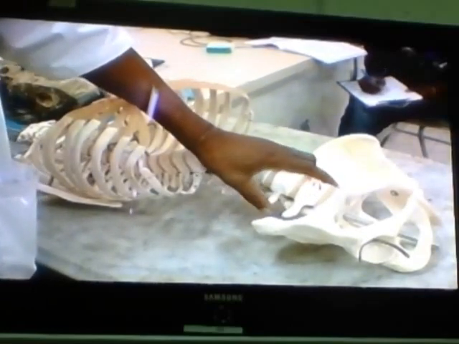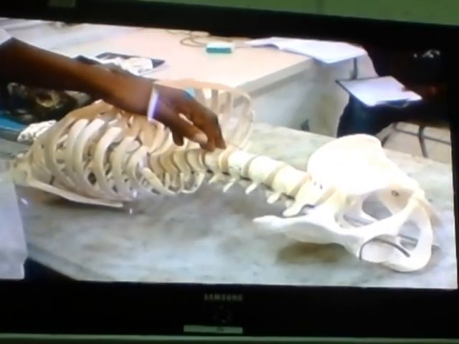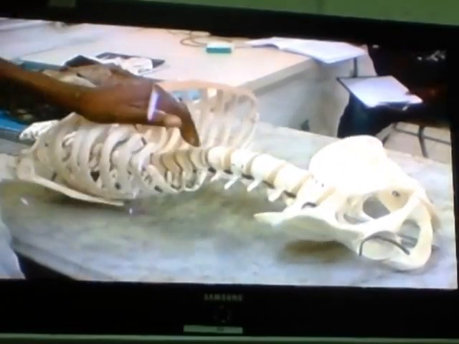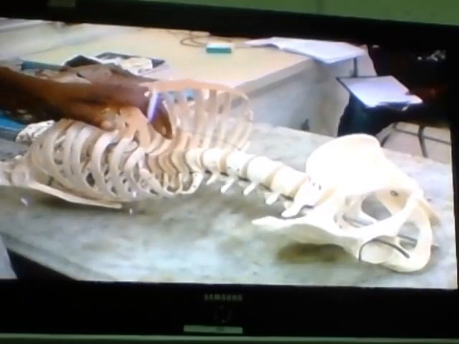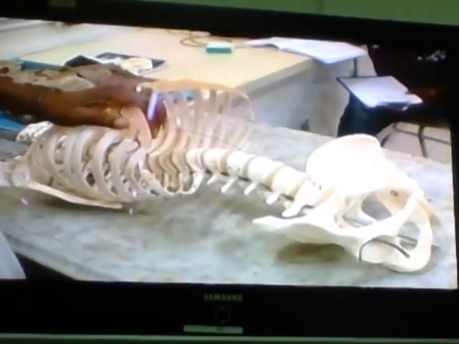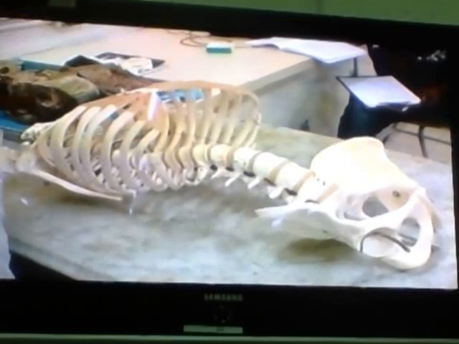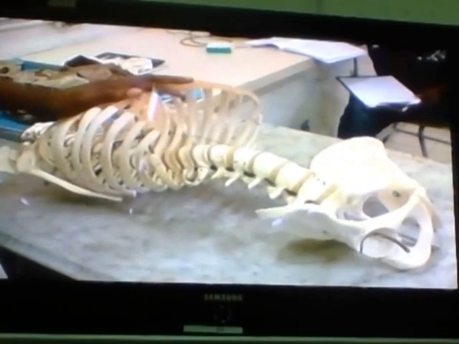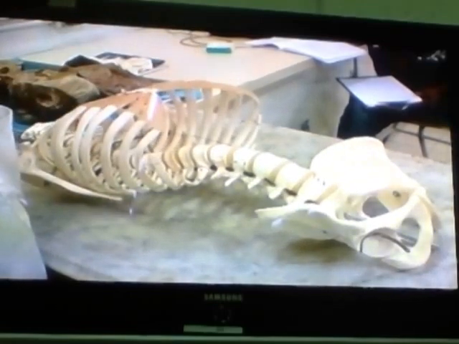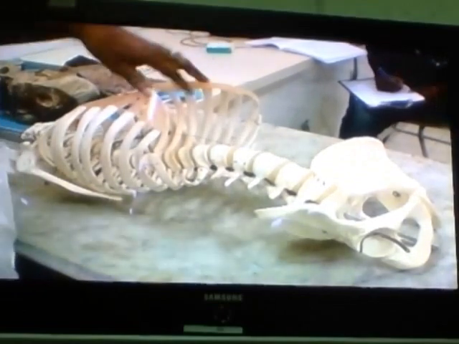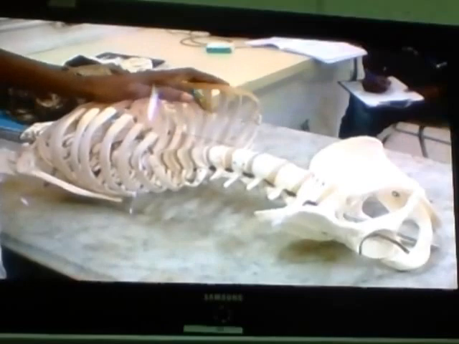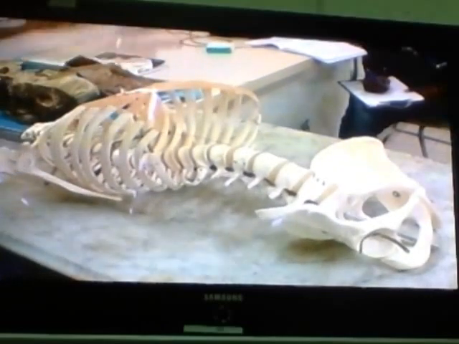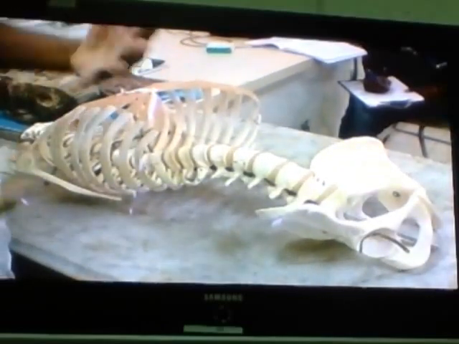Table 1? Help out these people. What is the mesoderm divided into? A paraxial mesoderm. Table 2, an intermediate mesoderm. And table 3, lateral plate mesoderm.